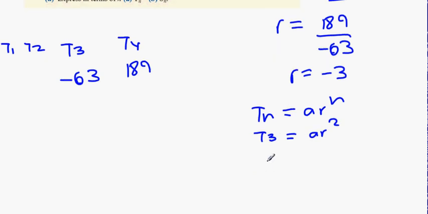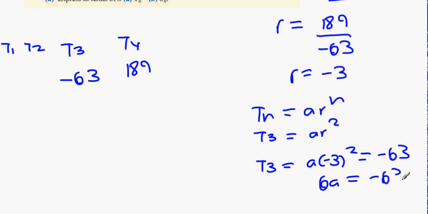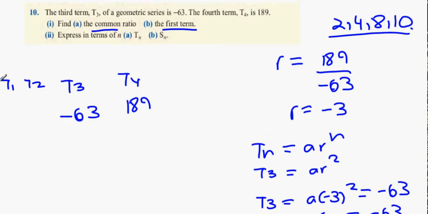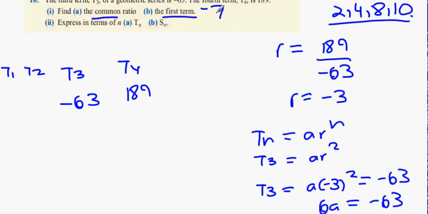Therefore, T3 is equal to a times minus 3 squared, and we know that equals minus 63. 9a equals minus 63. a therefore has to equal minus 7. So the first term is minus 7 and the common ratio is minus 3.